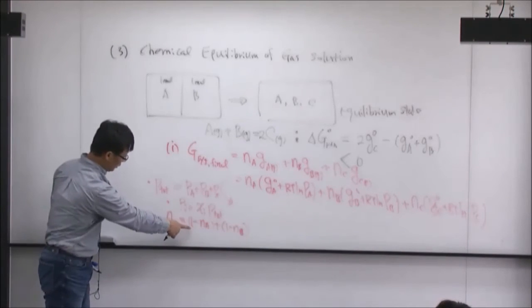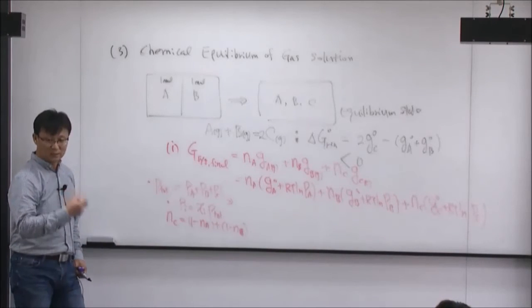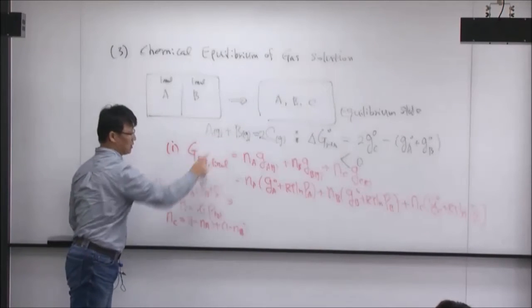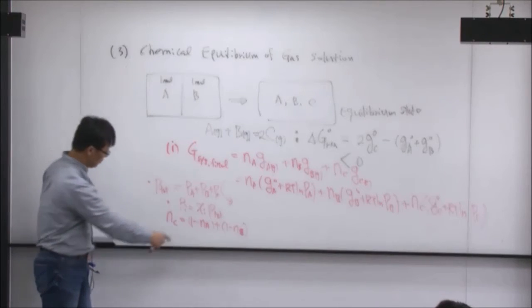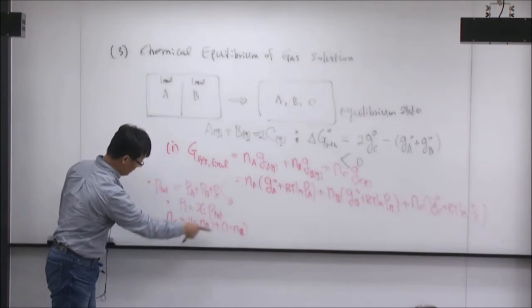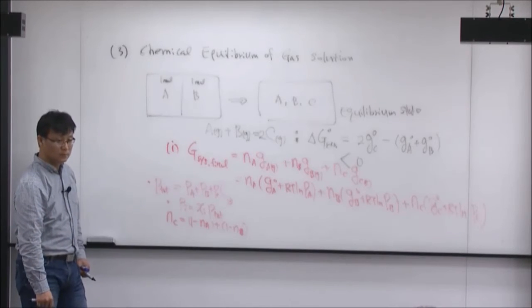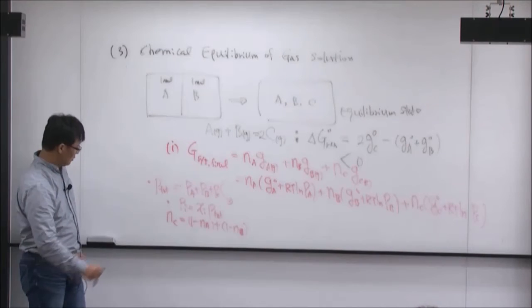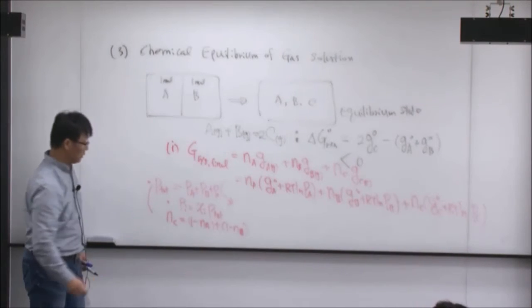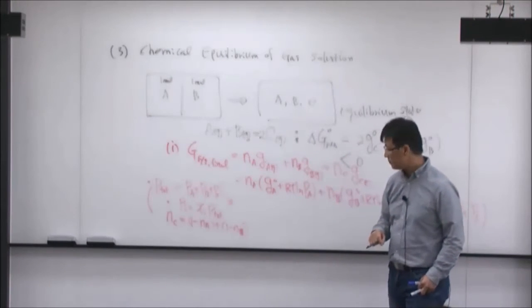If you assume there's only 1 mole of each in the beginning, then X moles of A reacting with X moles of B produces 2X moles of C. So 1 minus Na, 1 minus Nb, and that will be Nc moles. Is it okay? So under this condition, we can solve this problem.